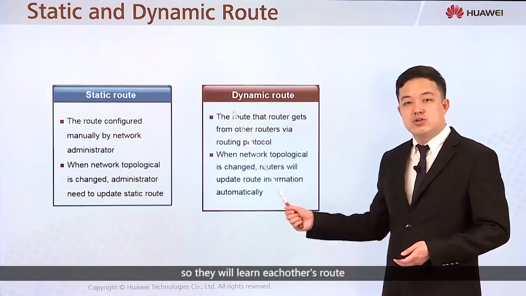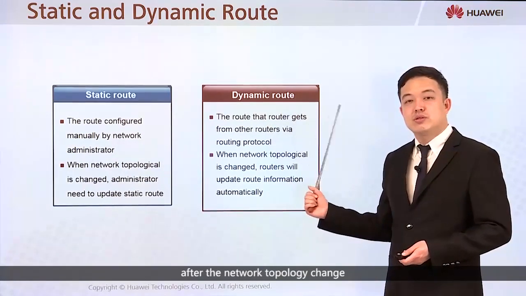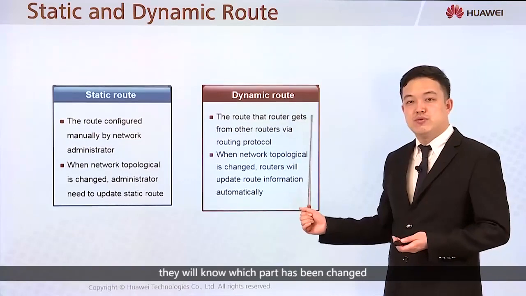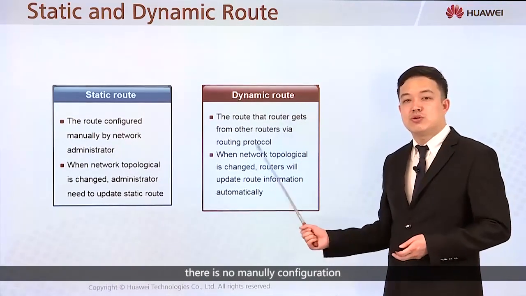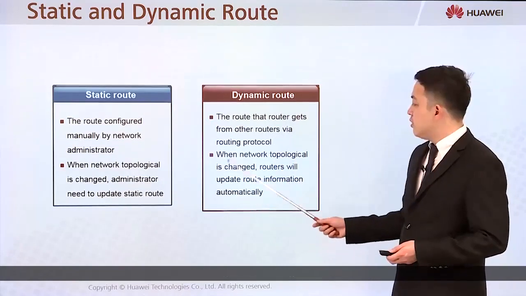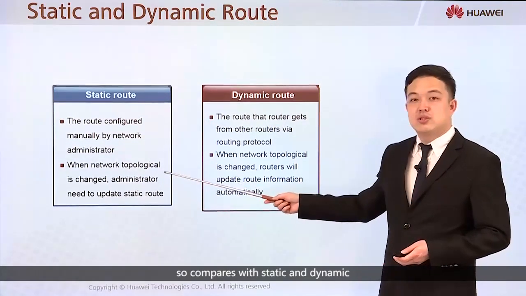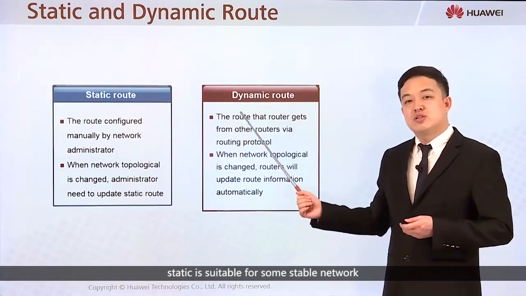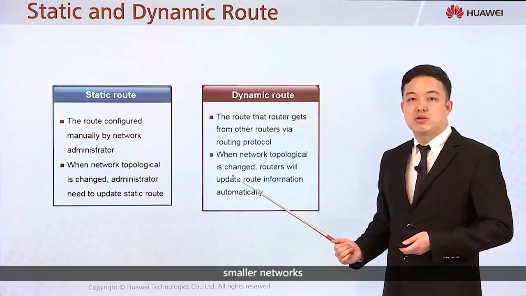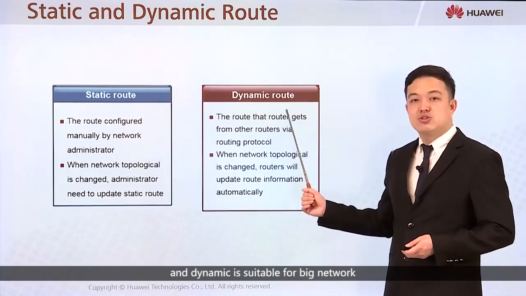So they will learn each other's routes. After the network topology changes, they will know which part has changed, so there's no manual configuration. Comparing static and dynamic, static is suitable for stable and smaller networks, and dynamic is suitable for big networks.